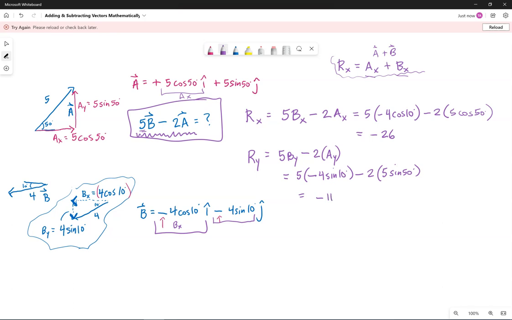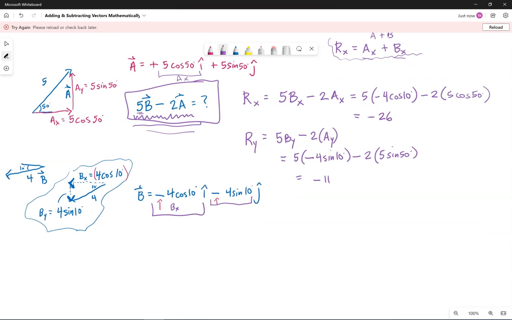Now technically you can draw out in a picture what we mean by 5B minus 2A. We don't need to, but I will always draw out what we mean by these results, because oftentimes if our problem gives us a vector or vectors in terms of magnitude and direction, it will often ask us to list our answer in terms of a magnitude and direction.